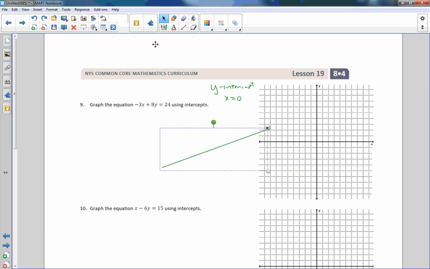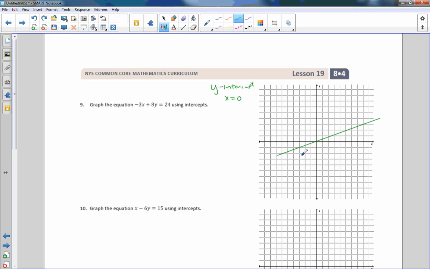Okay, so let me move this over here, and let me put my pointer here. So right there, the y-intercept is 0. There, that's better. Okay, so right now the y-intercept right there is 0.